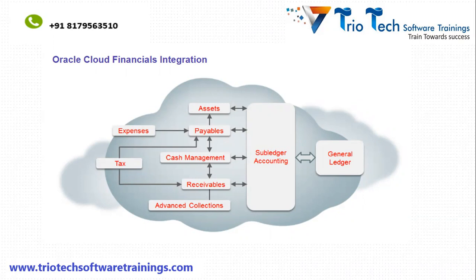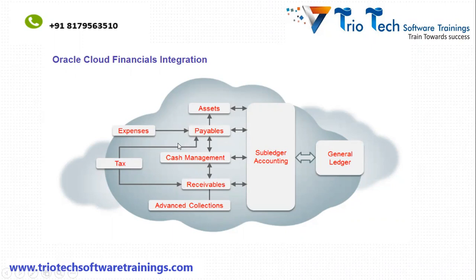What is that? Nothing but bank reconciliation. That reconciliation activity is done in cash management. So basically, all the data related to payments will flow into cash management. That is where you can see the arrows, which indicate that there is an integration between payables and cash management.